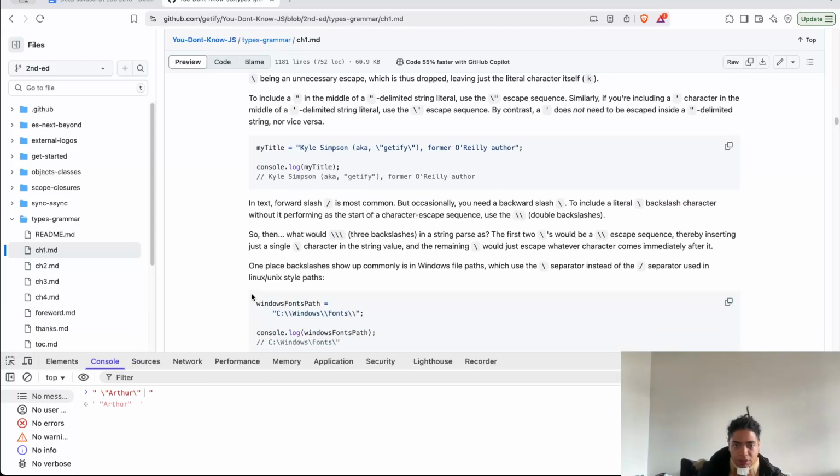Okay, in the text the slash is most common, but occasionally you will need a backslash to include a literal. Especially if you want to do this. If you want to include another backslash.